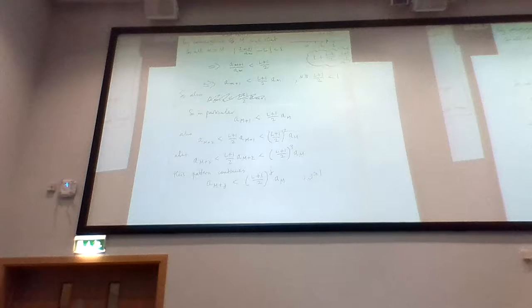These terms here on the right-hand side are the terms of a geometric series. There's one fixed initial term, a_M, and then each term is generated by just raising the power on the (L+1)/2. So each next term is generated by multiplying the previous one by (L+1)/2.